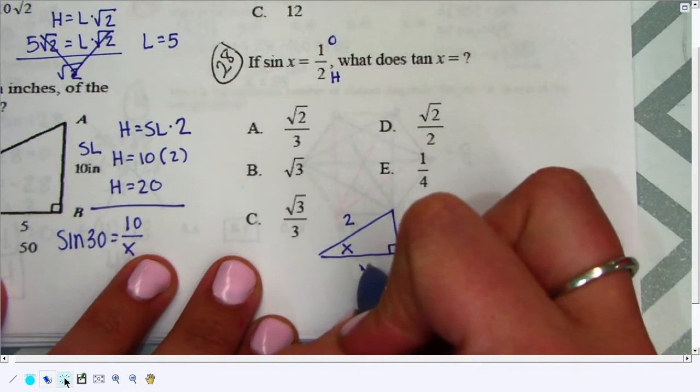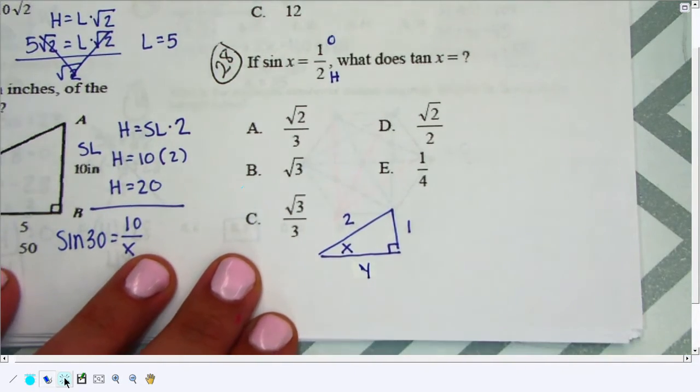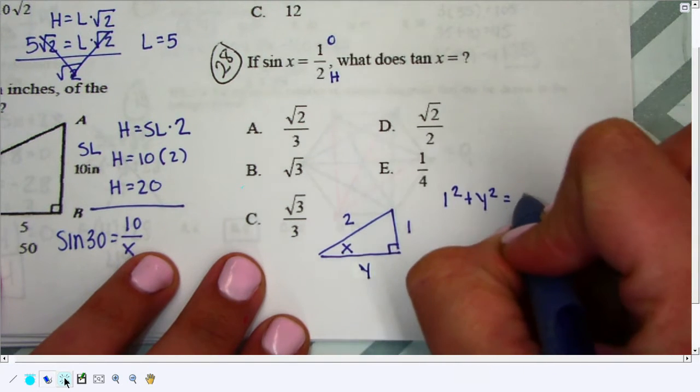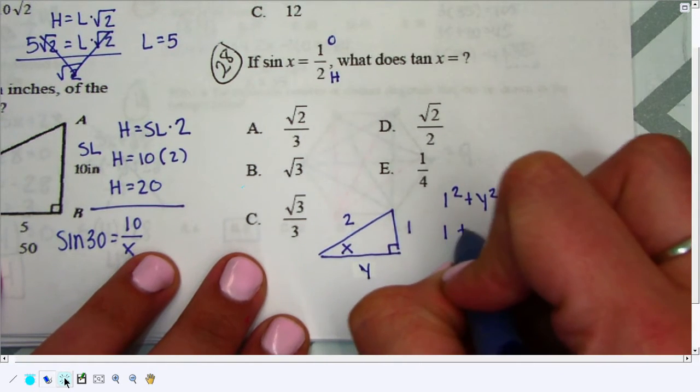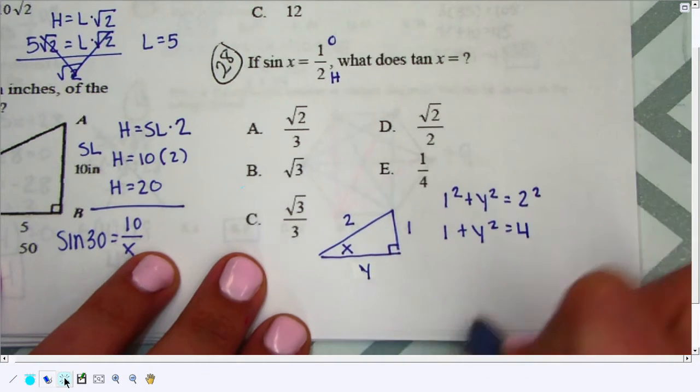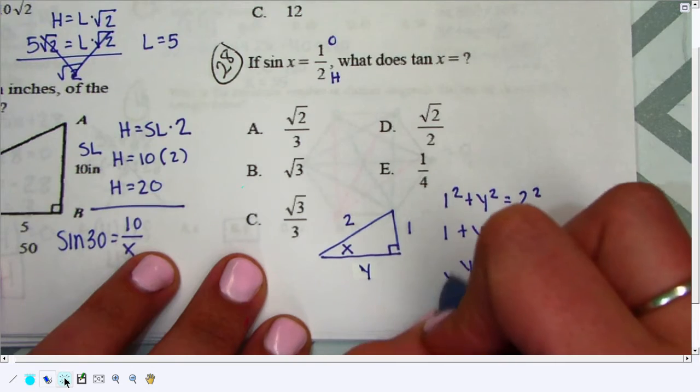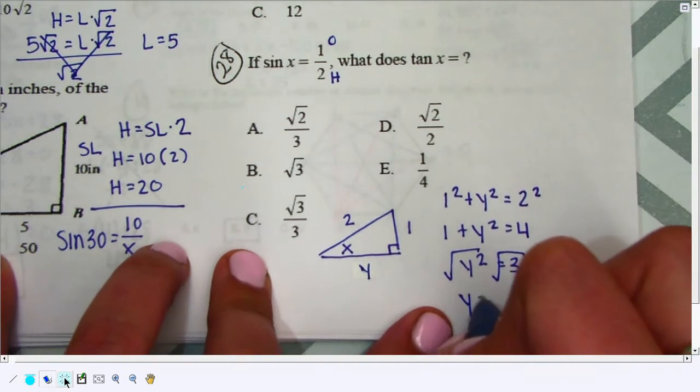There we go. So what I'm going to do here is just the Pythagorean theorem. 1 squared plus y squared equals 2 squared. So 1 plus y squared equals 4. y squared equals 3. So when I square root, y is equal to the square root of 3.